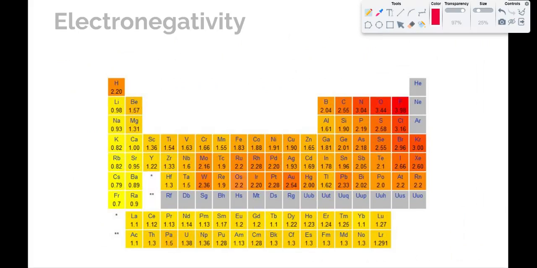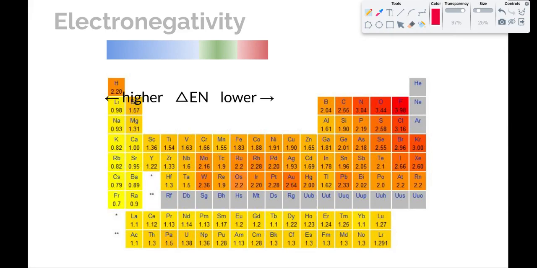How do we tell if a bond is polar or nonpolar based on electronegativity? Think about a scale where higher electronegativity differences are on the left-hand side and lower electronegativity differences are on the right-hand side. That blue zone represents electronegativity differences so big that we consider the electrons to have transferred, and those are ionic bonds.